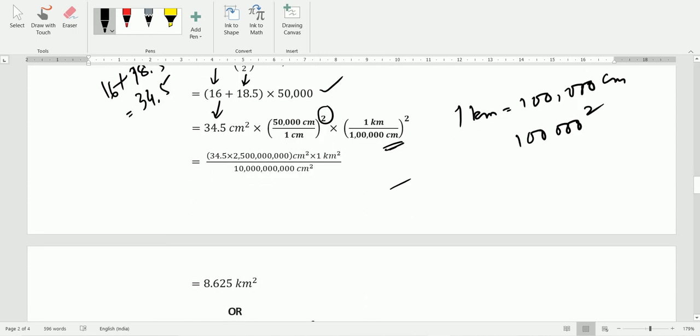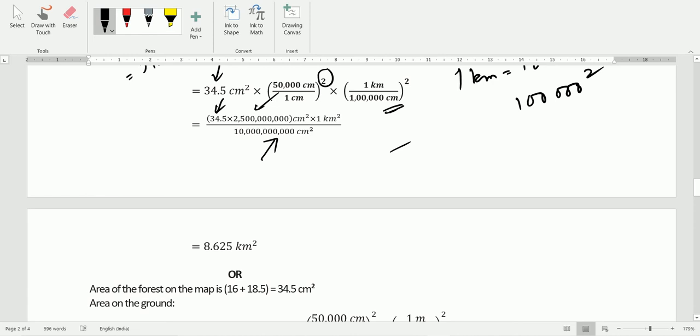Applying the formula, here we have 34.5 square centimeter. This is the area on the map, and it is multiplied by the scale factor and divided by the square of 1 lakh centimeter, and we have got 8.625 square kilometer.